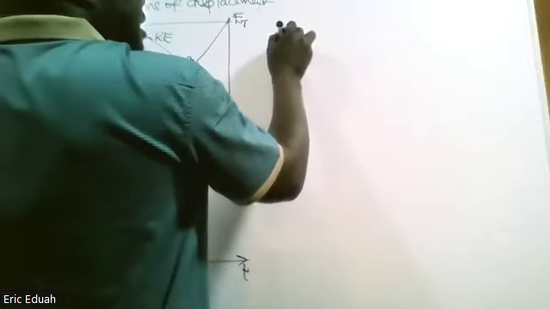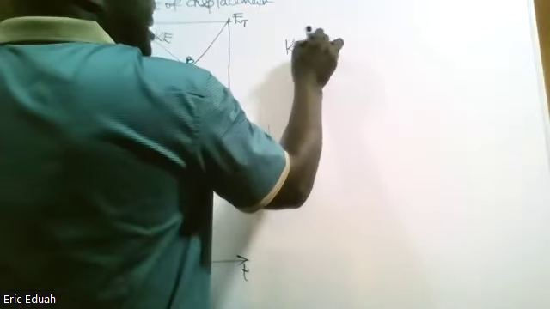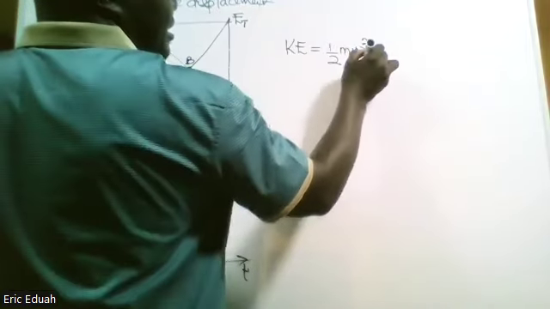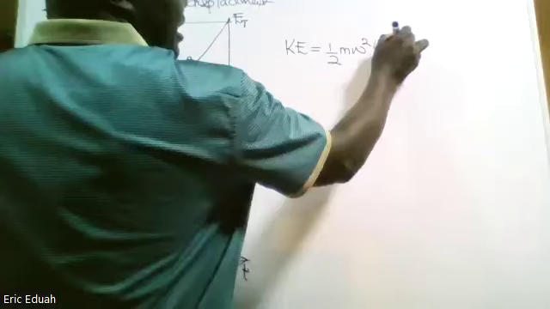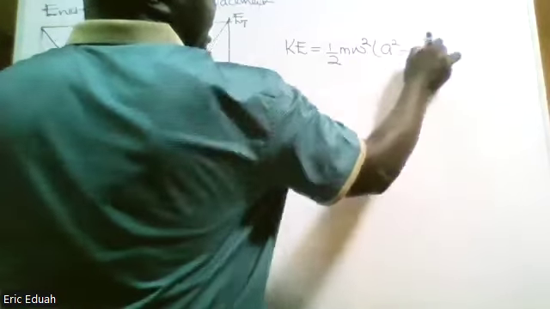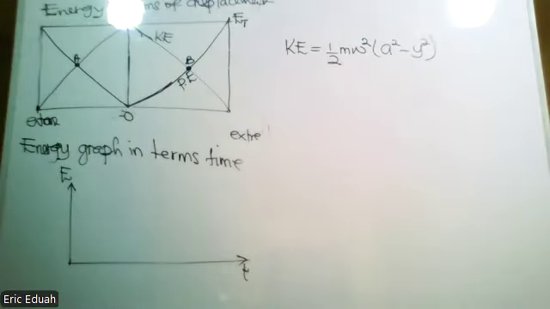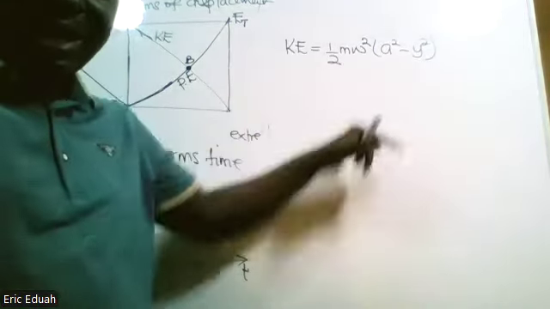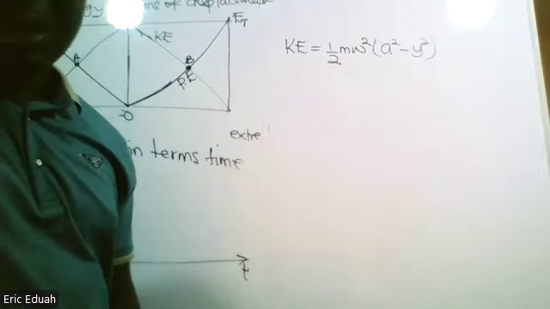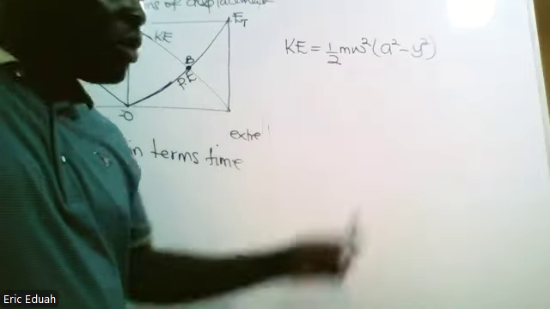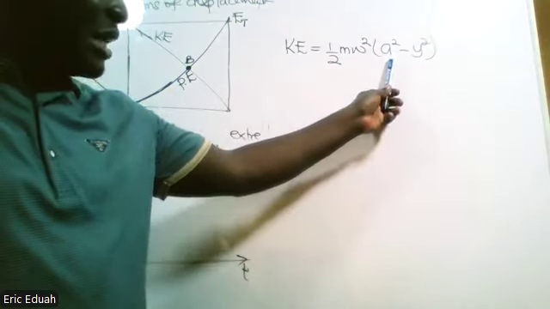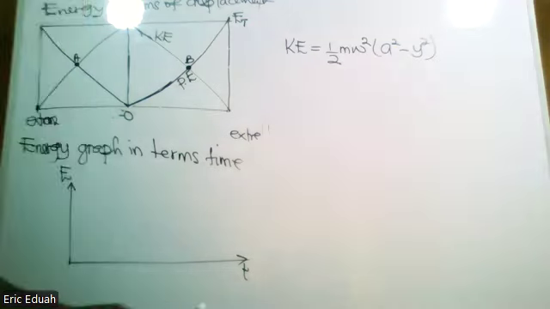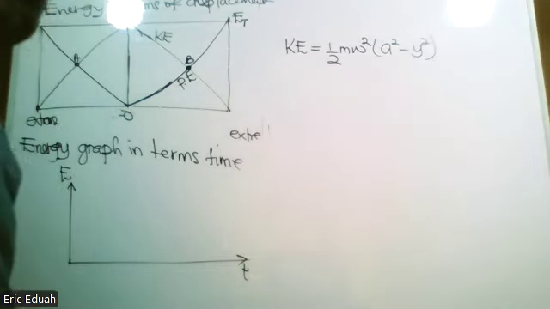So KE is equal to half m omega squared (a squared minus y squared). This is the kinetic energy formula in terms of displacement, because omega and a are constant. The mass is also constant. So the only possible changing variable will be displacement.